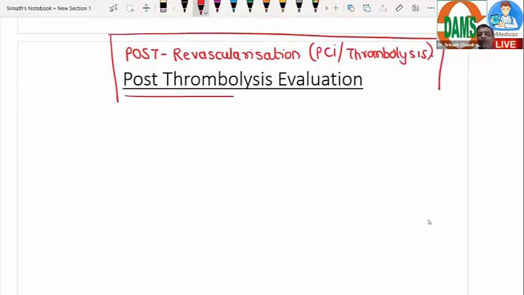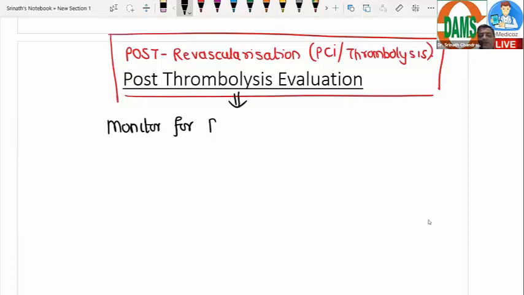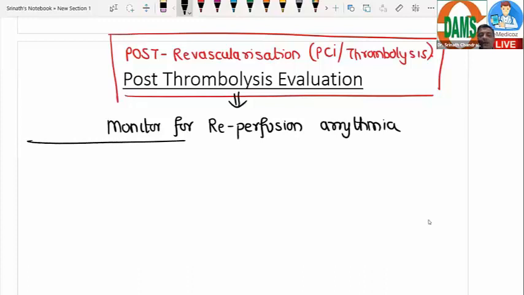We are mainly looking at the presence of reperfusion arrhythmia. We want to mainly monitor for the presence of reperfusion arrhythmia. So, a practical question to end the class.